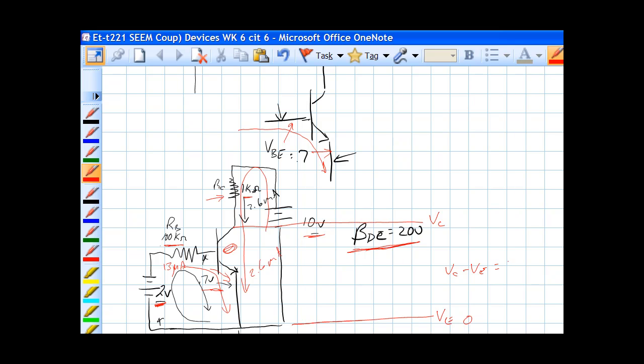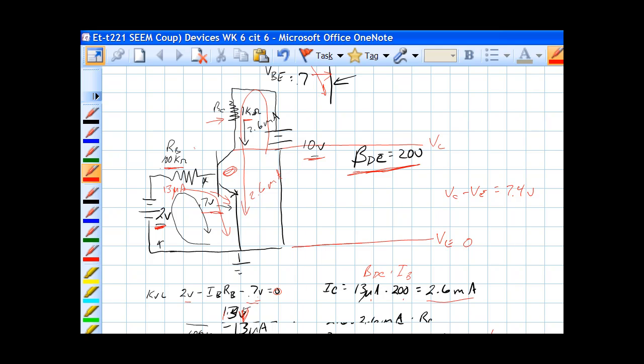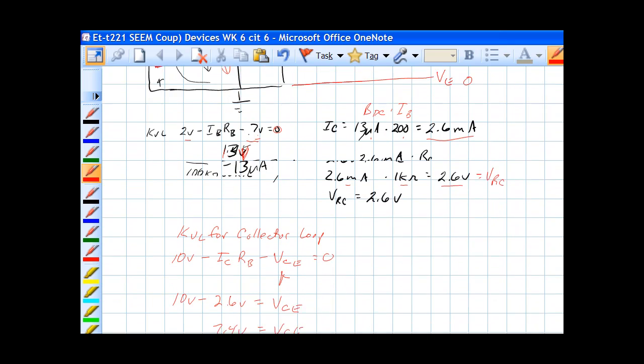It's equal to 7.4 volts. Very interesting circuit. If I increase the current here, the voltage here is going to go down. If I decrease the voltage here, then the voltage here is going to go up. Very interesting device.